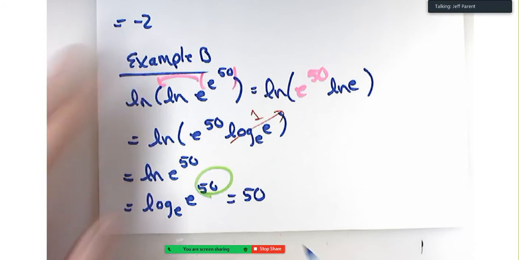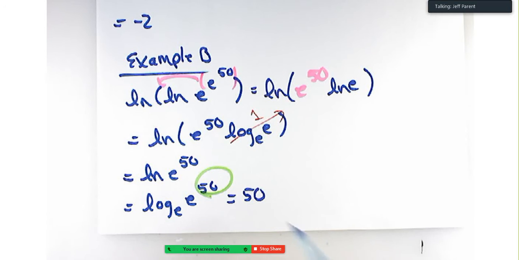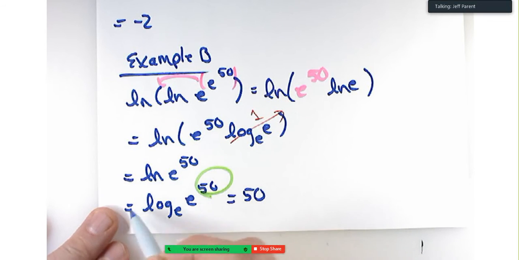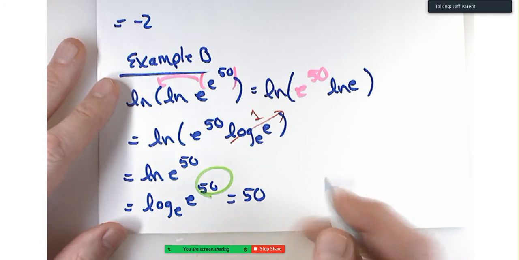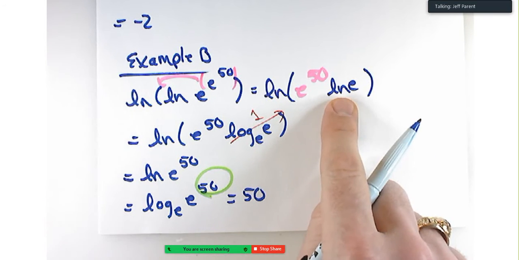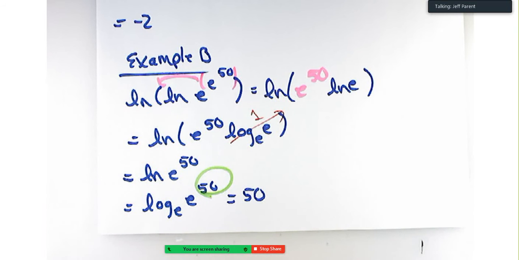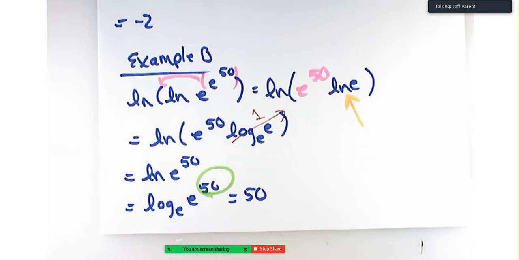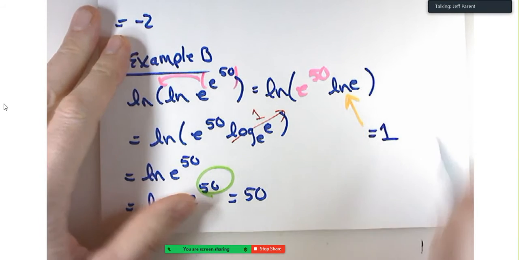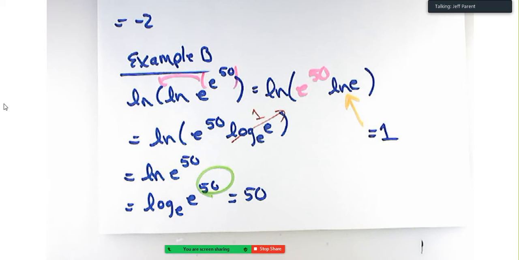Now you could do that the same way we did in our first attempt at problem A. That is, you can bring that out and say, oh, log base e of e is 1, and 50 times 1 is 50. But probably a good thing to know and recognize is that ln of e is 1. So it's not a bad idea to keep that in mind. If you get nothing else from this little bonus section, that's a good thing to be aware of.